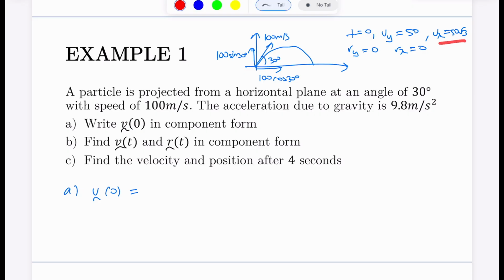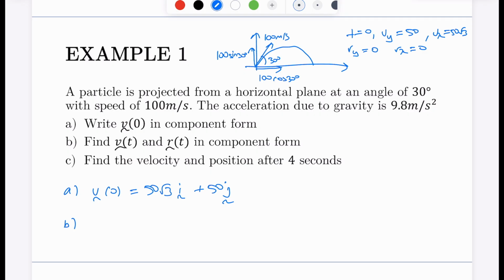I have 50 root 3 for my initial horizontal velocity, so this will be 50 root 3 i, with the i unit vector to indicate the horizontal direction. Then I have a positive 50 for my initial vertical velocity, so plus 50j. This is my initial velocity vector in component form.